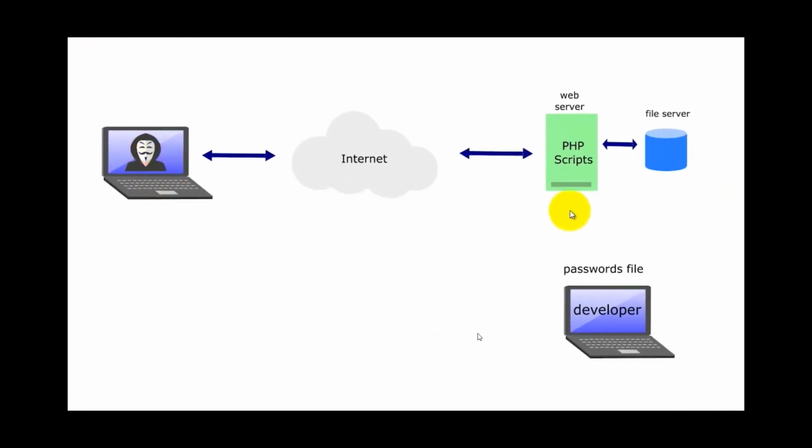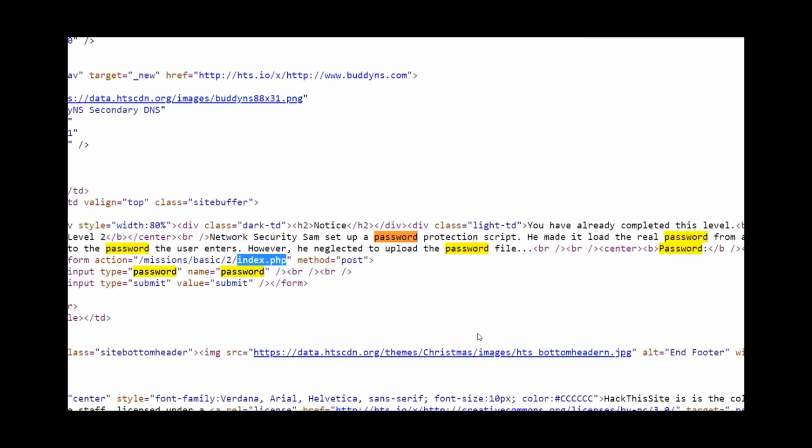So over here you can see we have a server, a web server, and the web server stores web pages. And when you visit the website, the web server will give you the web page containing the form, and we're referring to this form.